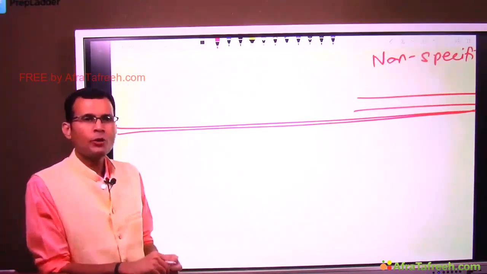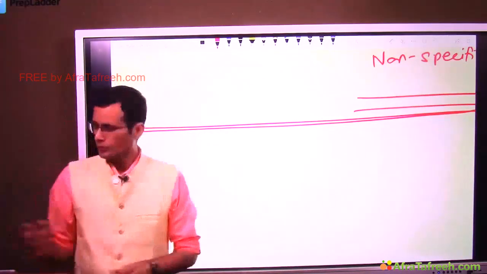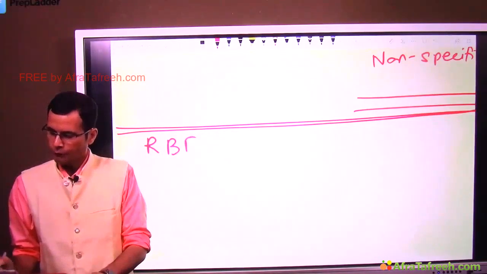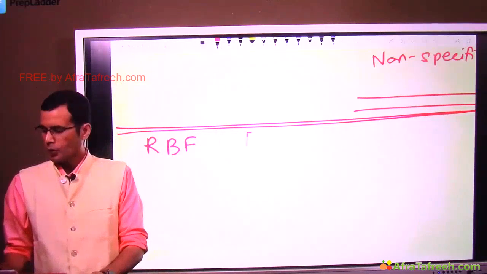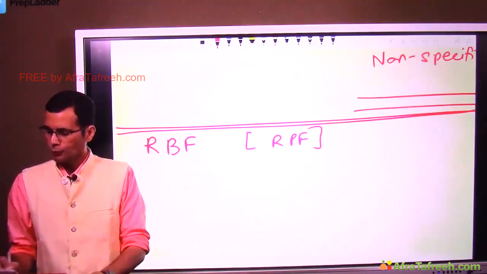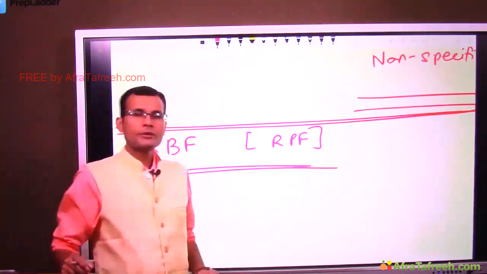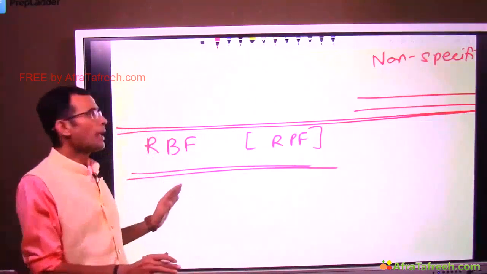Let me just also add a small section on measurement of renal blood flow or renal plasma flow. What is the ideal substance to measure the renal plasma flow?